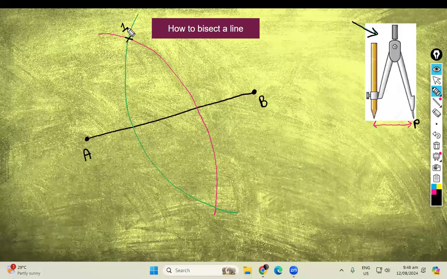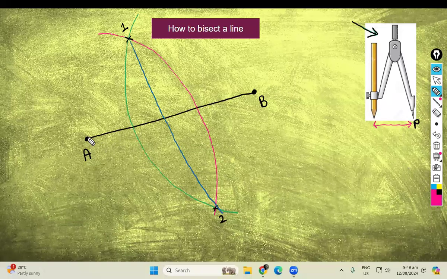I'm going to call this point 1, and I'm going to call this point 2. If you use your ruler and connect point 1 to point 2, this blue line will cut line AB into 2 equal pieces.